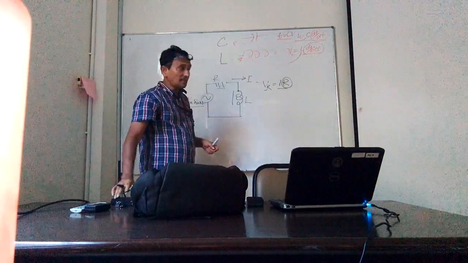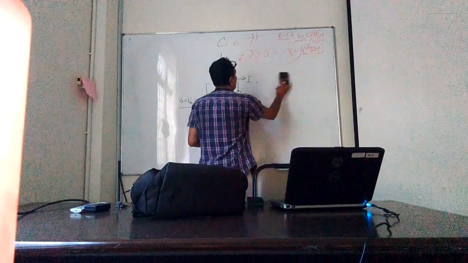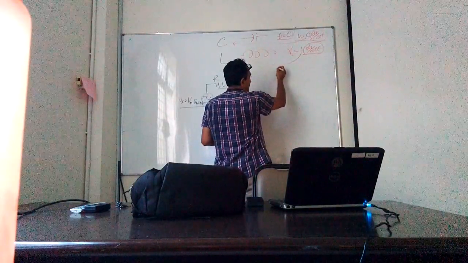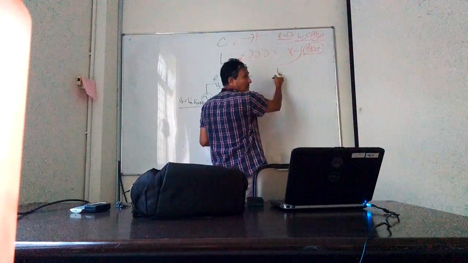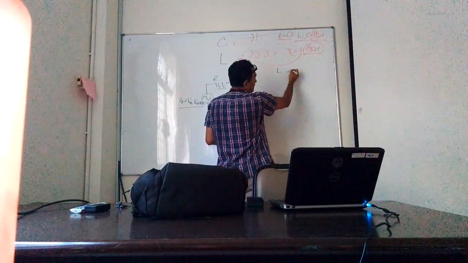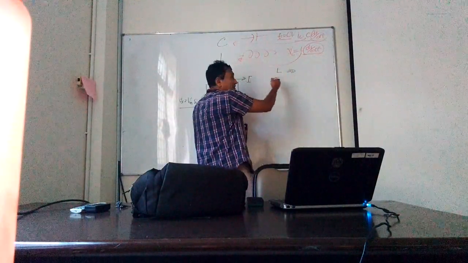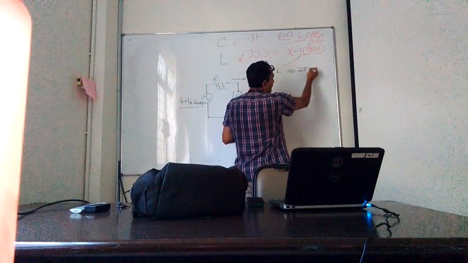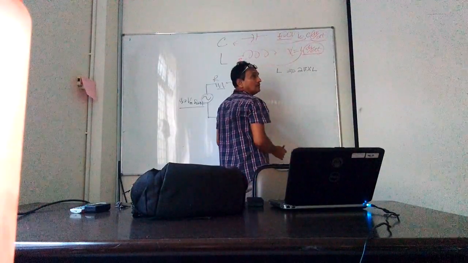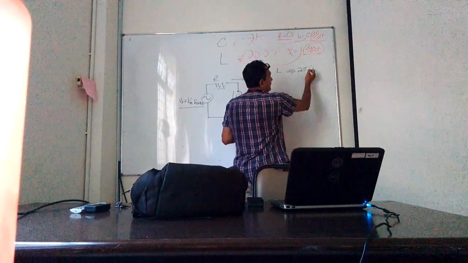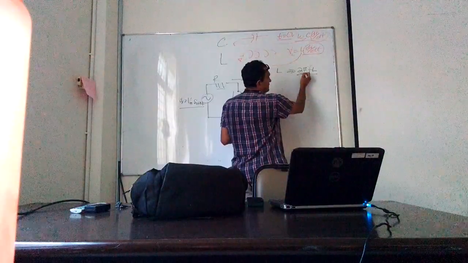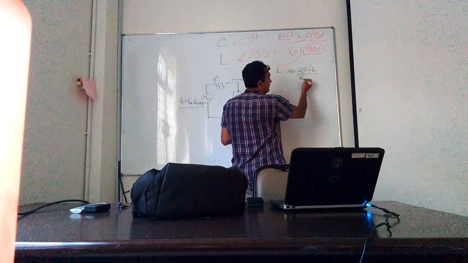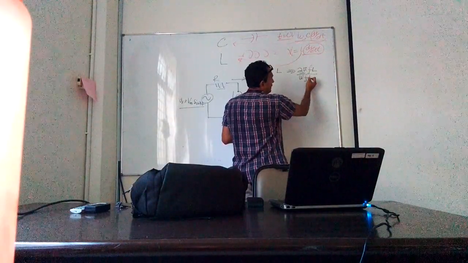So the thing is, the inductance property is determined by the inductance value. Actually, it is supposed to be a pure inductive reactance, XL. 2 pi is the omega, and F is the frequency.